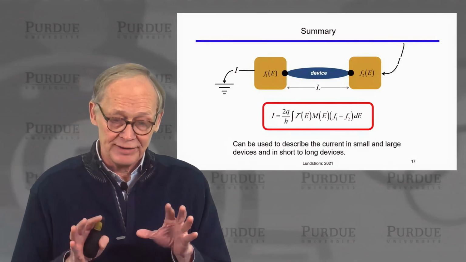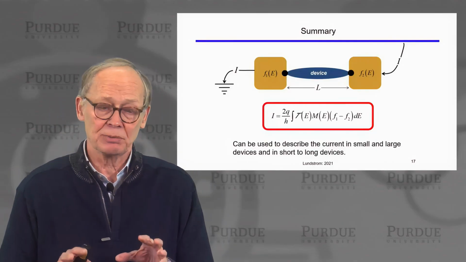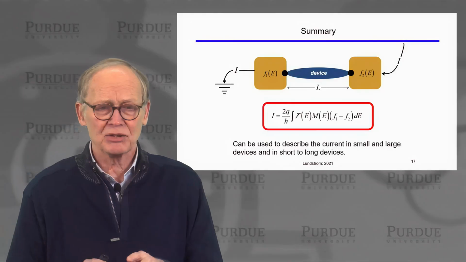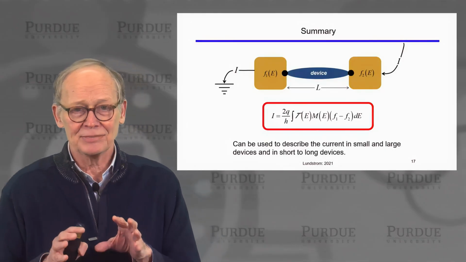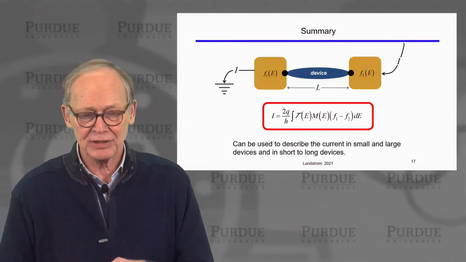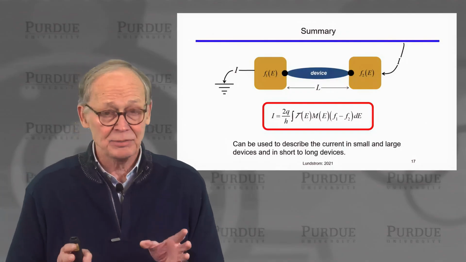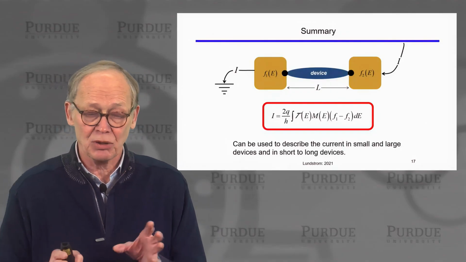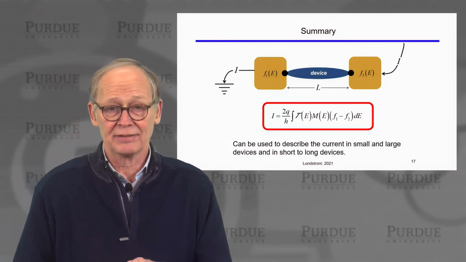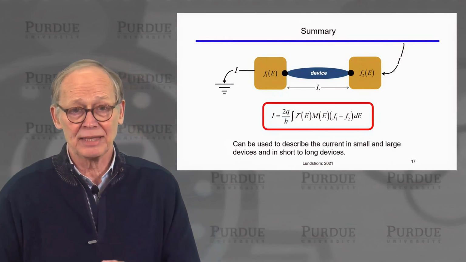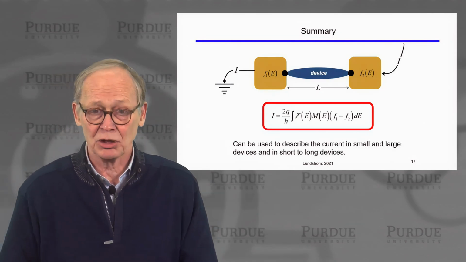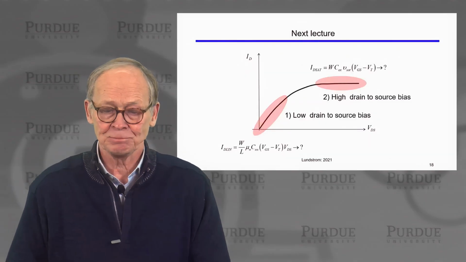So to summarize, this is the current equation that we're going to apply to MOSFETs. We've tried to talk about the key quantities in that expression, the transmission, the number of channels, and the Fermi window. This can be used to describe current in small and large devices, in devices that are much shorter than a mean free path, and devices that are much longer than a mean free path.